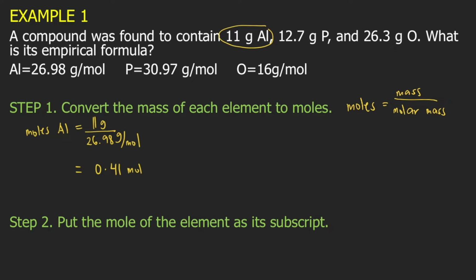Let's proceed to phosphorus. The mass of phosphorus given in the problem is 12.7 grams. So 12.7 grams divided by the molar mass of phosphorus, 30.97 grams per mole, is equal to 0.41. And lastly, we have oxygen.